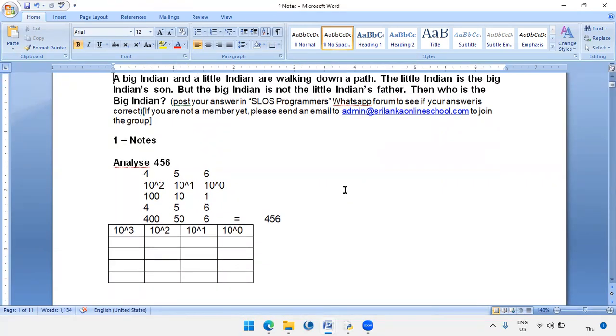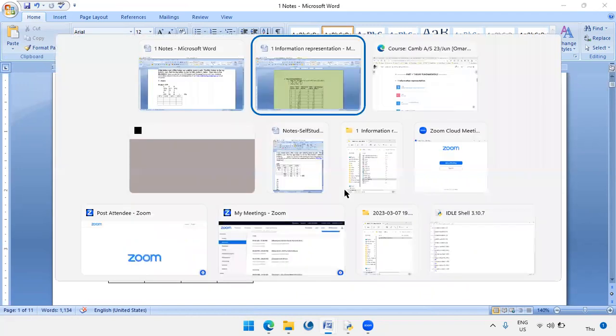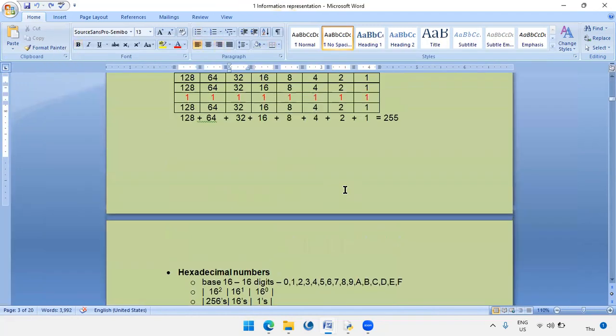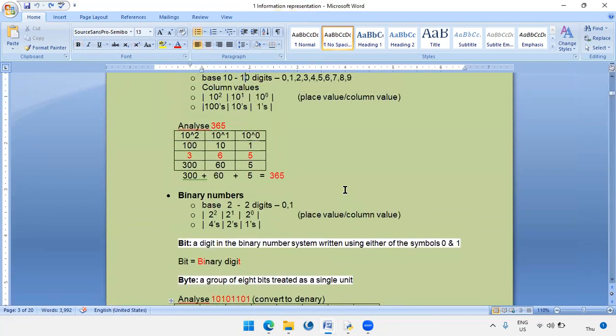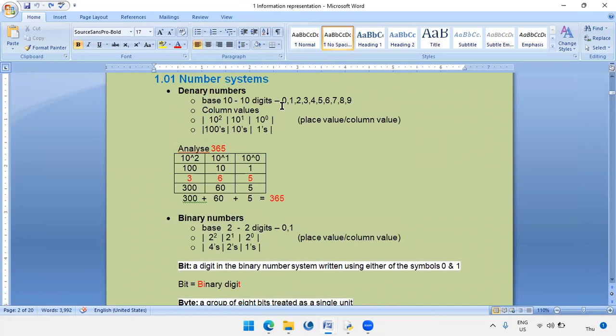So same way, now I'm going to ask another question. In this you have the digits. 0 is a digit, 1 is a digit, 2 is a digit. This is the decimal, denary system. 3 is a digit, 5 is a digit, 7 is a digit, 8 is a digit.